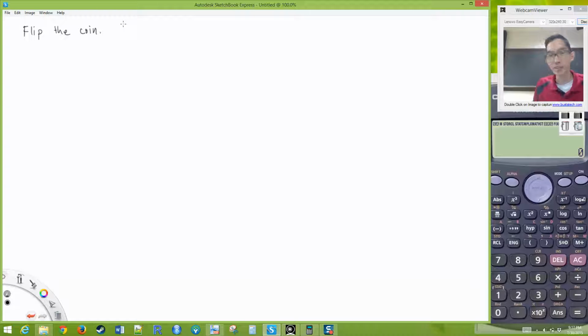So if we play the game fairly, what is the probability that we should win each game we play? 0.5, right? If we play fair, we will have a 0.5 probability of winning.